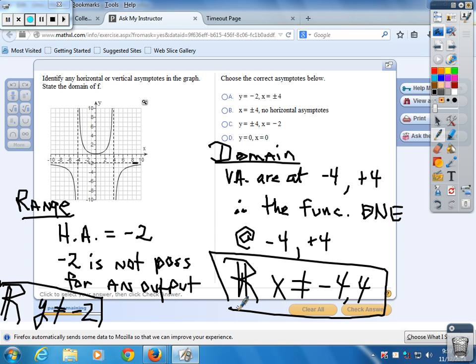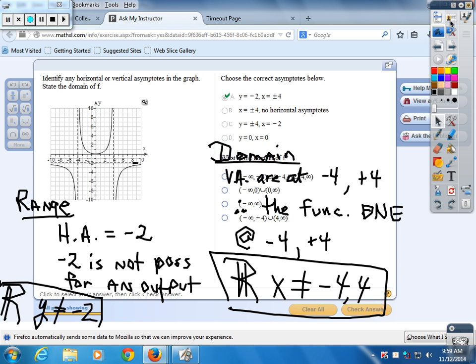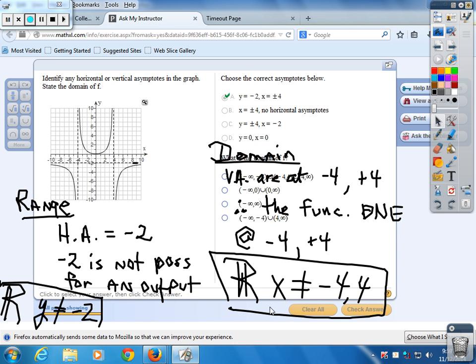Okay, the second question on this is the one I'm confused about. So, choose the correct asymptotes. A. Well, that'd be A. What is the domain? All reals except for -4 and +4. So you could say -infinity to -4. Does it include -4? No. So you put a parenthesis at -4.